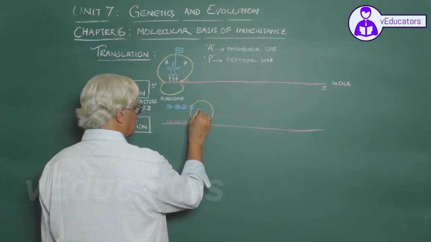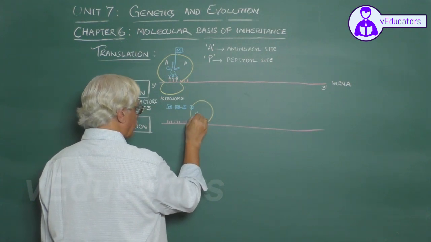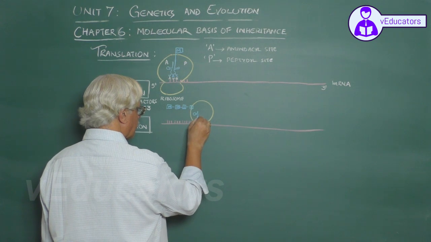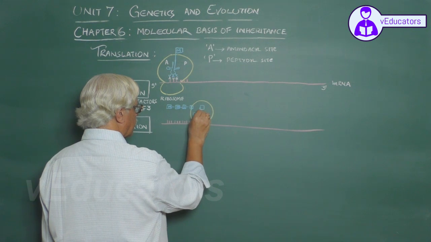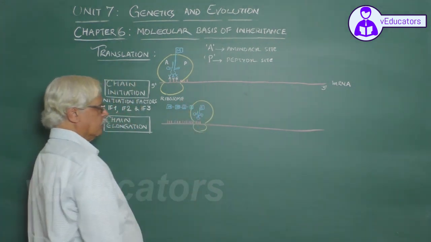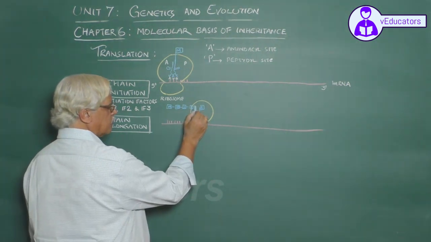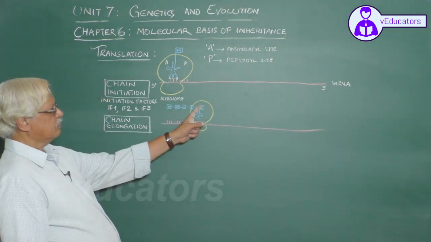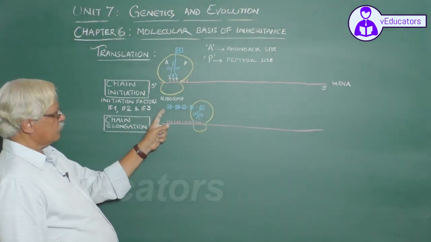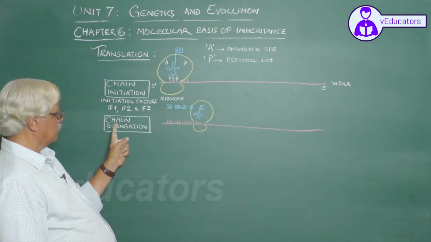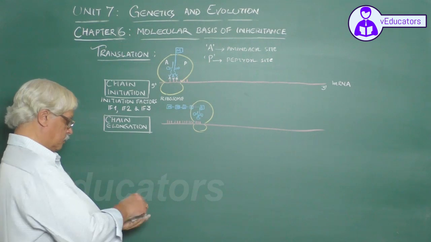There is another tRNA with a fifth amino acid that will bind here. Fifth amino acid, sixth, seventh, eighth, like this. So chain is elongating. This step is called chain elongation.